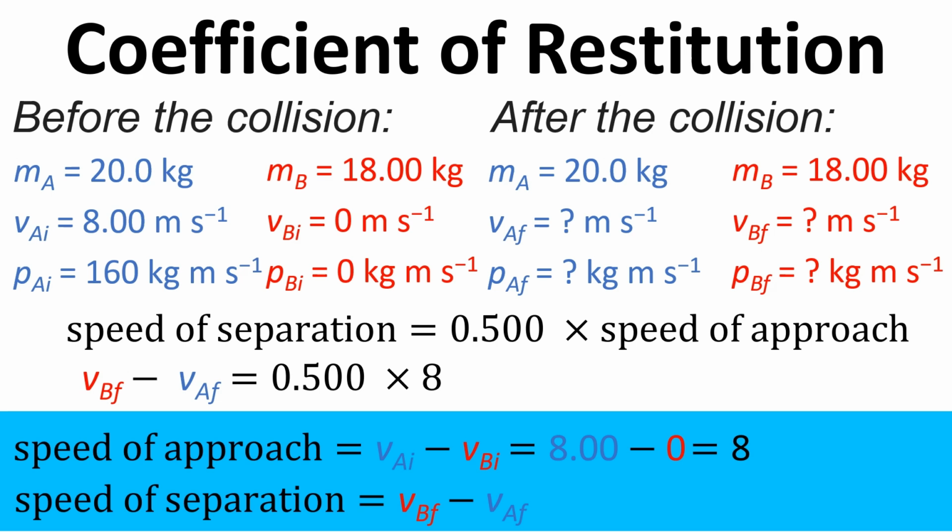So the 0.5 is the value of E and the 8 is the speed of approach. So simplifying that, we now know that VBF minus VAF equals 4. And that equation is a second equation that has VBF and VAF. We now have two equations and two unknowns.